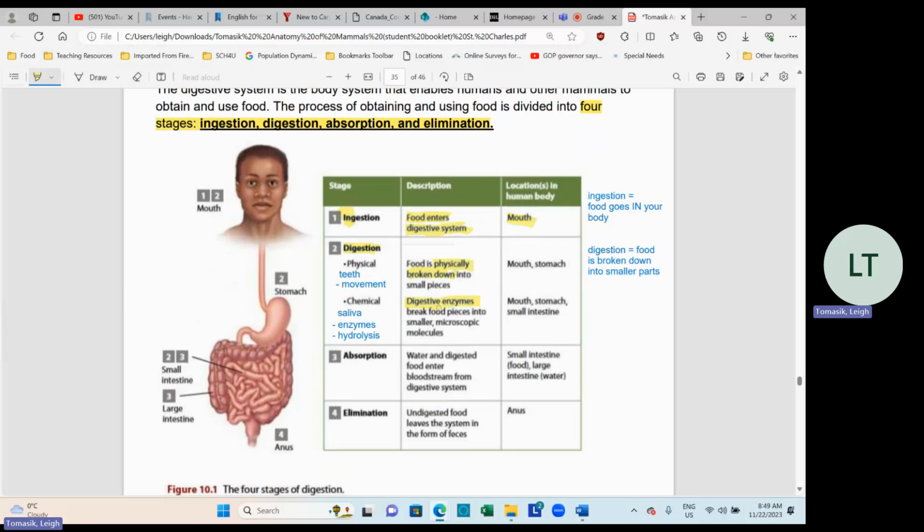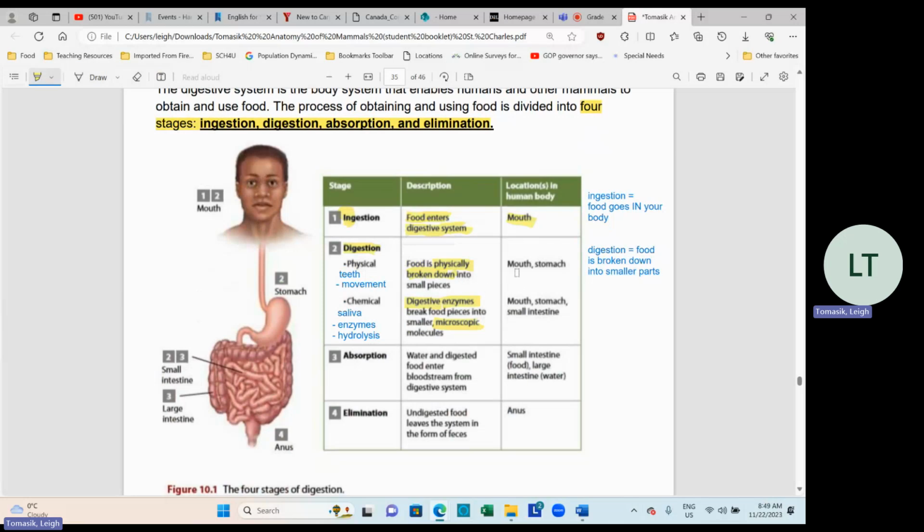Digestive enzymes break food pieces into smaller microscopic molecules, right? You can't see a glucose under a microscope. It's too small. You would need a very fancy electron microscope. But yeah, okay. So the two types of digestion, you do both in your mouth, right?